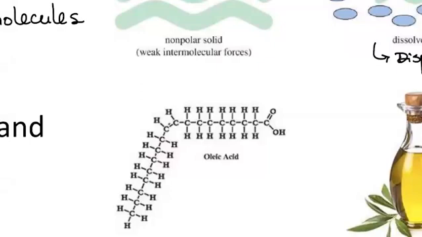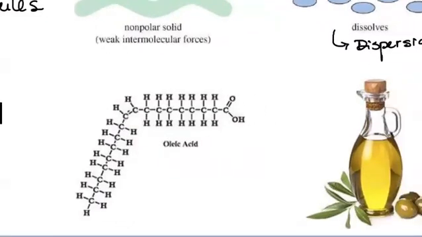This is oleic acid. Oleic acid is the main component that is found in olive oil, hence why we have the picture right there. Now, at the molecular level, when we look at olive oil and we look at oleic acid, we can define that oleic acid specifically has a polar portion, which I'm highlighting in gray.